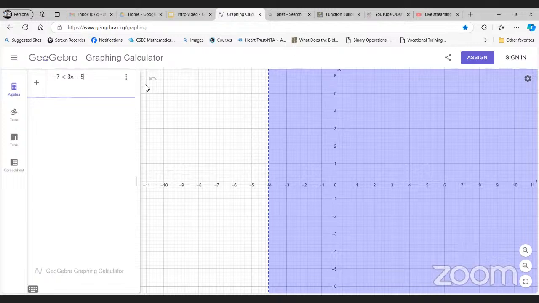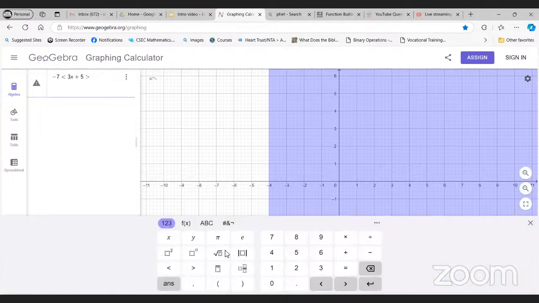Now, we're going to put in another expression. And this time I'm going to put in greater than or equal to. So let's get rid of this. Okay, let me put in the symbol that I'm looking for.